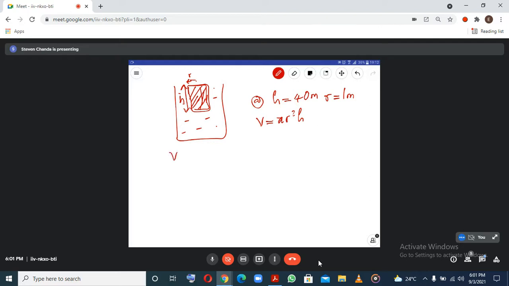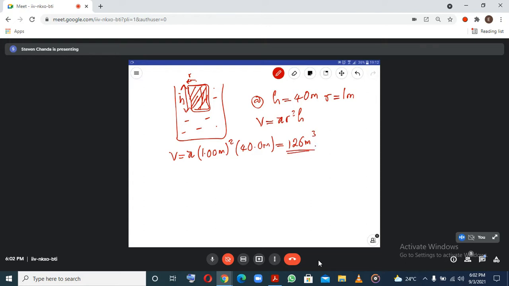So the volume is pi r squared h, with r as 1 meter and the height 40.0 meters, giving about 126 meters cubed. This is the volume we are talking about.